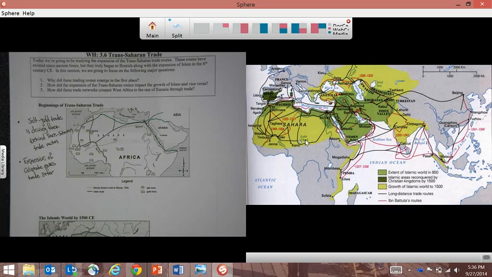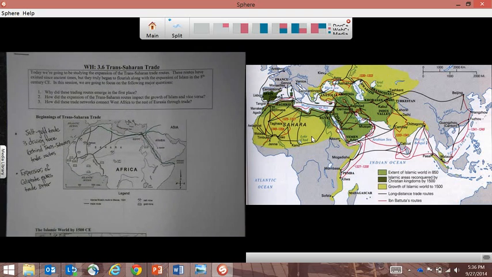So this isn't part of the empire, but these are areas to which Islam has spread. Up here into Eastern Europe and Central Asia, India, but as you can see, a huge chunk of Africa that extends down the coast here. So as Islam expands, so too do these trade routes, and like I said, for a couple big reasons.